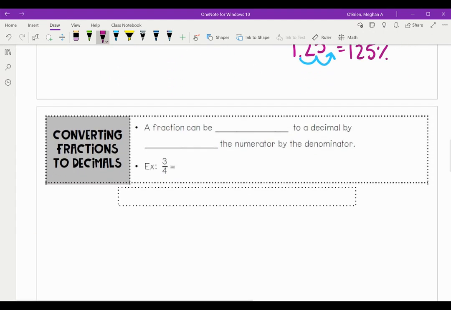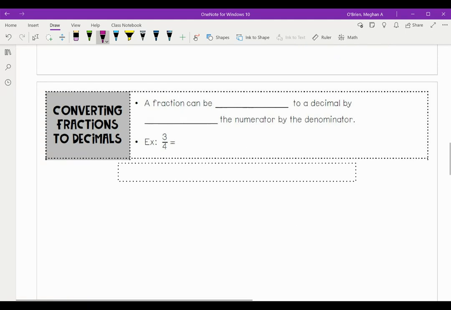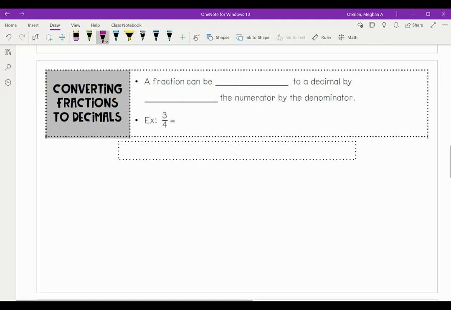Converting fractions to decimals, in case you need to kind of do a little bit of work here, a fraction can be converted to a decimal by dividing the numerator by the denominator. That's one option.